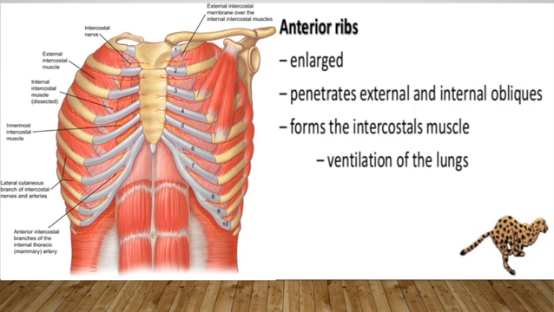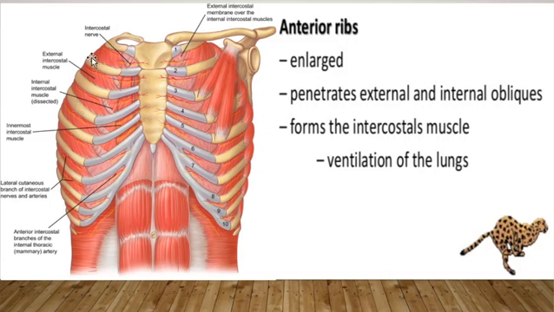So we have the anterior ribs. This is enlarged, penetrates the external and internal obliques, and forms the intercostal muscles, which help in ventilation of the lungs. In between the ribs, we have the intercostal muscles.